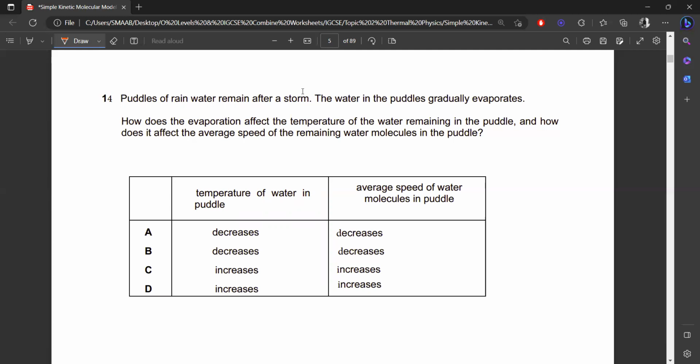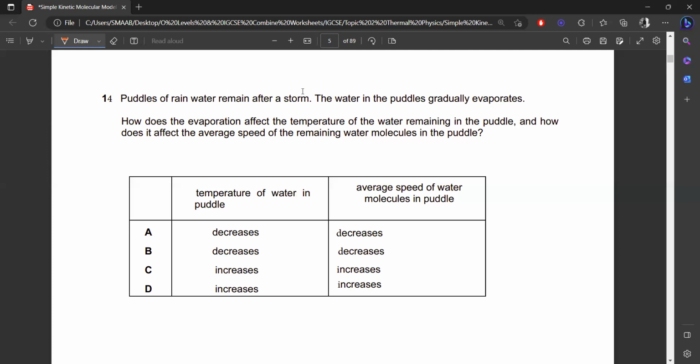So we have two possibilities, A and B, and the average speed of water molecules in the puddle. We have the same option in A and B, so we have to choose between A and B, but both options are the same.